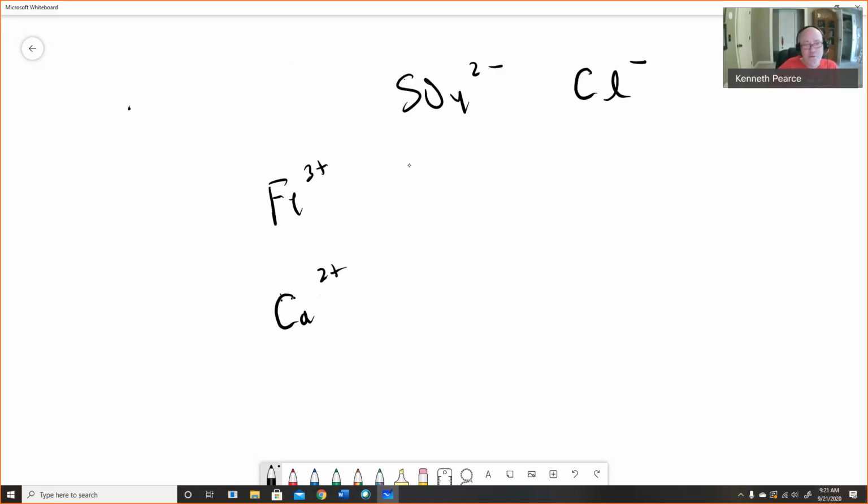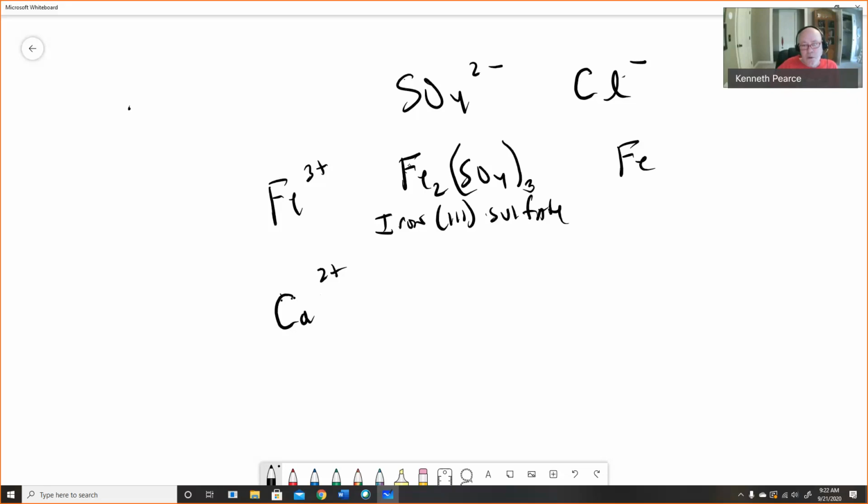And you could cross these and name them. If we take the iron and the sulfate, we cross the charges. And what is this? This is iron Roman numeral 3 sulfate. And we could cross the charges on the iron and the chlorine, and that looks like that. And this would also be an iron Roman numeral 3, but it's a chloride.